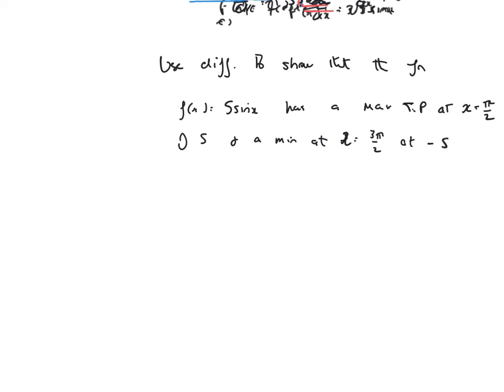Okay, so turning points, well, that's stationary points, differentiate the thing and make it equal to 0.